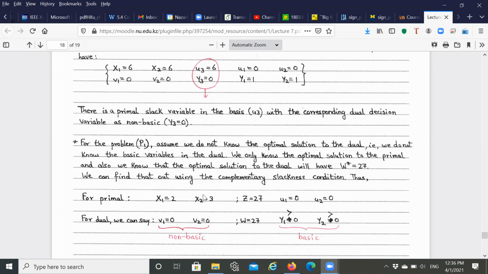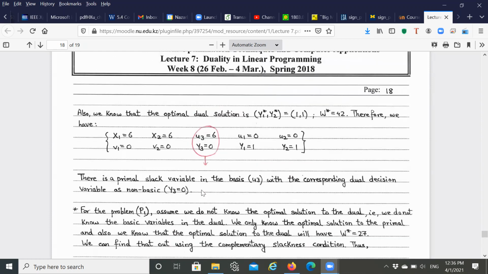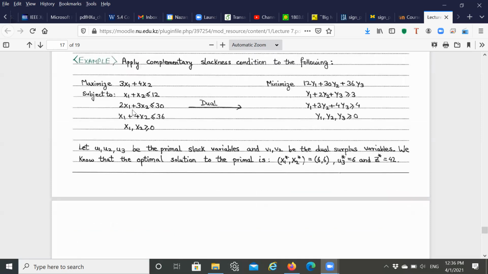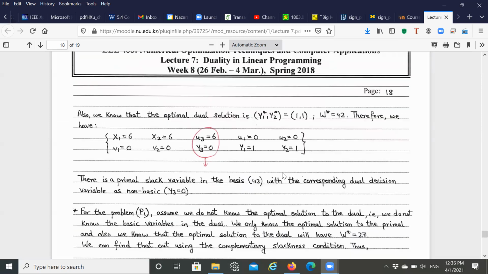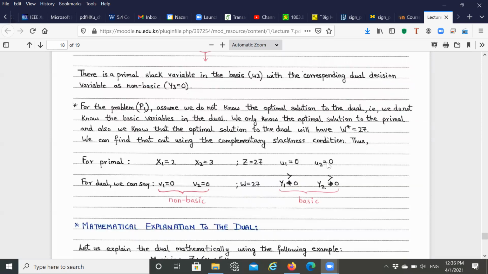So this was assuming that we know the optimal solutions to both primal and dual. Assume that we do not know the optimal solution for the dual. We only know the optimal solution for the primal. And this is where the complementary slackness condition comes into play. So I know the optimal solution to the primal.